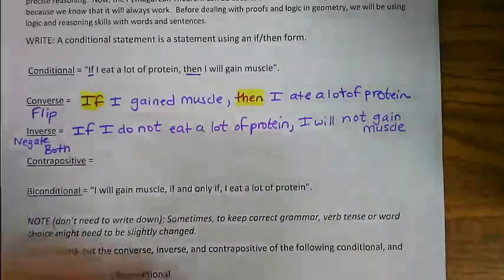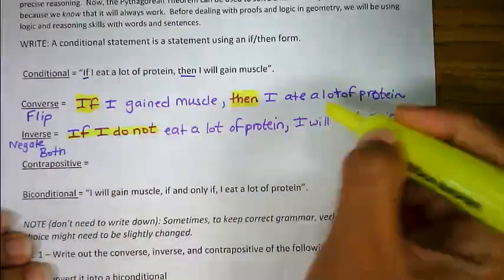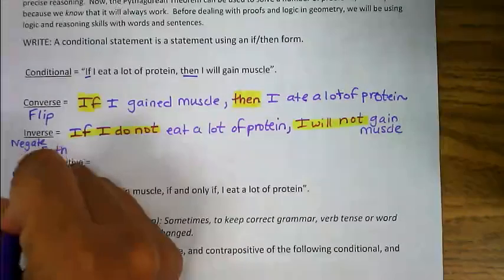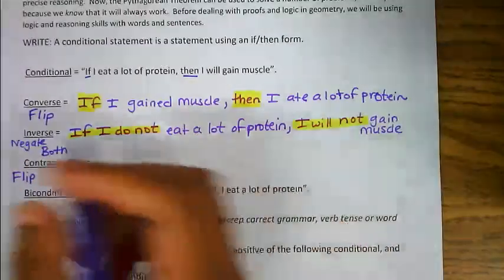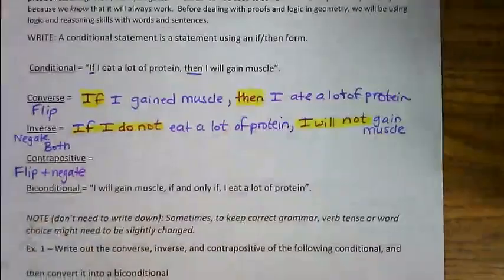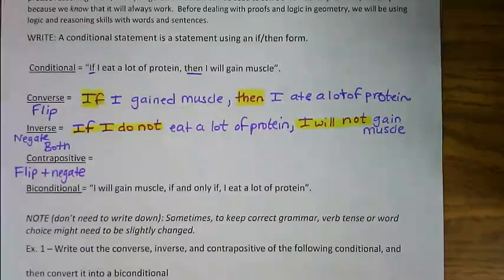Okay, so I got if I do not, I will not. Right? Contrapositive. We're going to flip and negate. So we're combining those converse and inverse. So it should be like converses or something, but it's actually contrapositive.